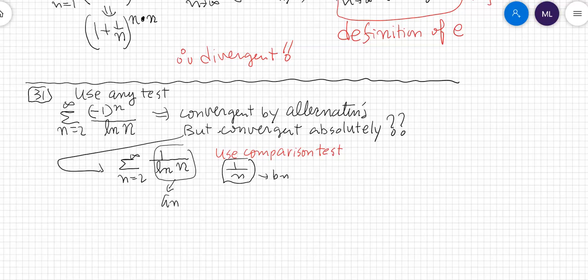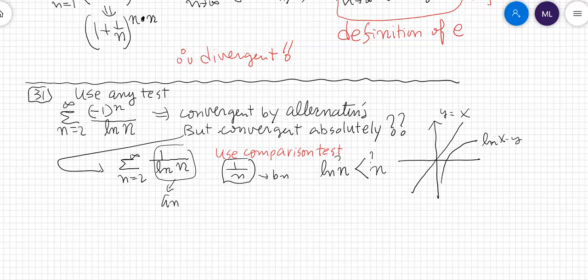Now, log n and n, which one is bigger? This is bigger, man. Here, this is x. This is log x. This is y equals x.